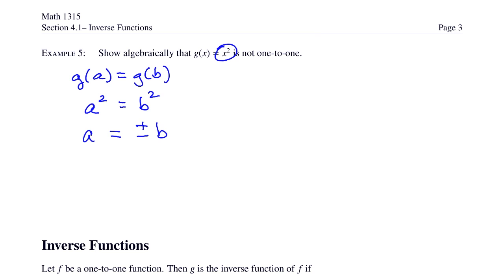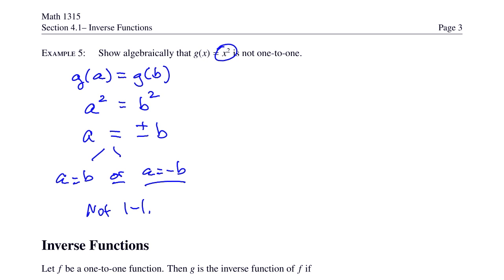It is plus or minus b. And that separates into two pieces. a is either equal to b or a is equal to negative b. That is the problem. So this means it is not one-to-one. In other words, knowing what a was did not force the b to be equal to the a. It could have been the opposite of a.